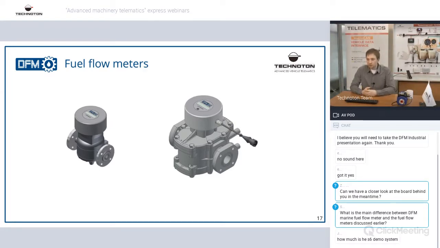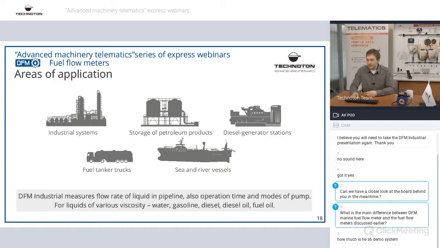What are the advantages of this working principle used on DFM Industrial? The main advantage is that we can measure fuels of much higher viscosity.